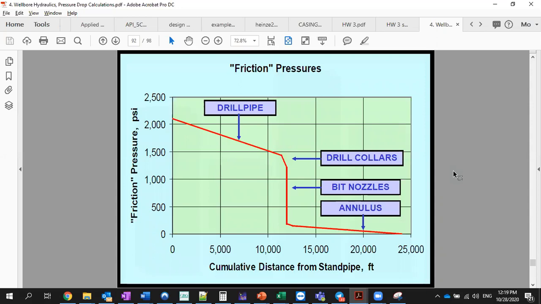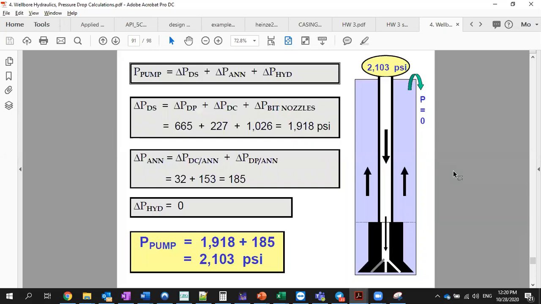Now, a couple of figures were confusing for everyone. One of them is this one. This is basically the friction pressure at any point inside your system. We didn't talk about this one a lot. If you look here, your pump pressure is 2,100.